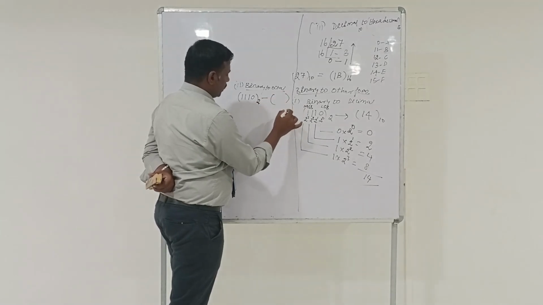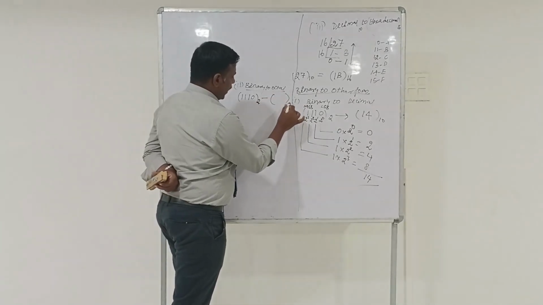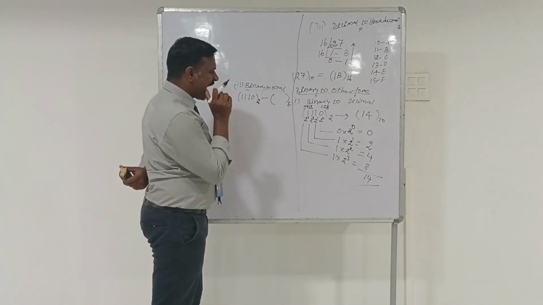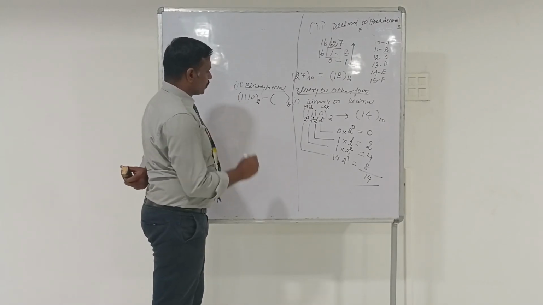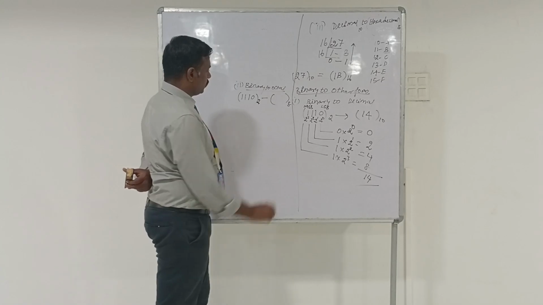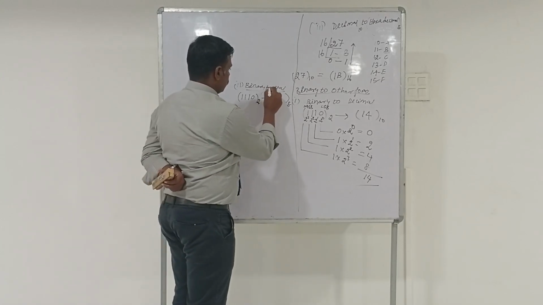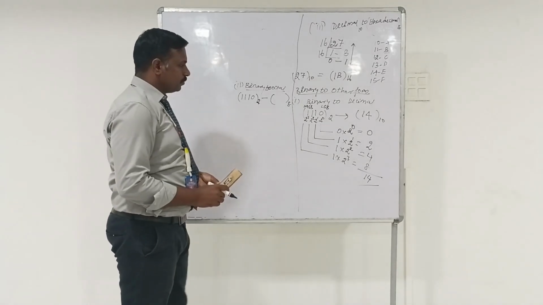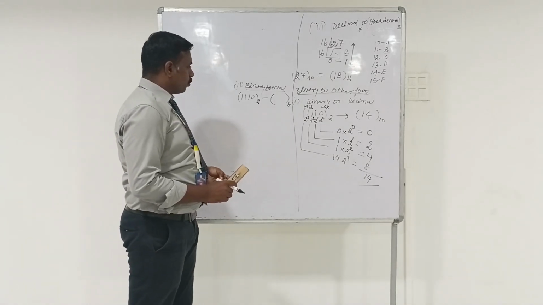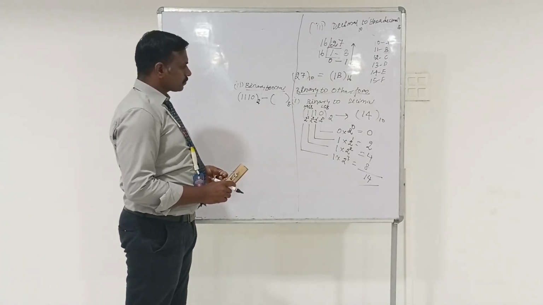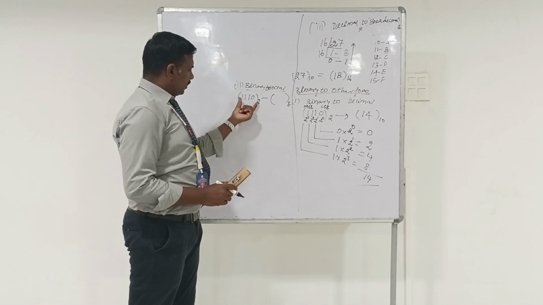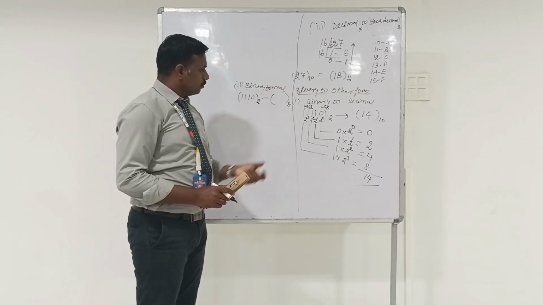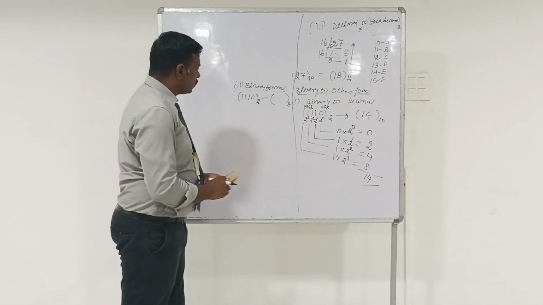The base value of octal is 8. So the same procedure you have to follow in binary to octal system conversion. The given binary value 1110, you have to convert to the octal value.